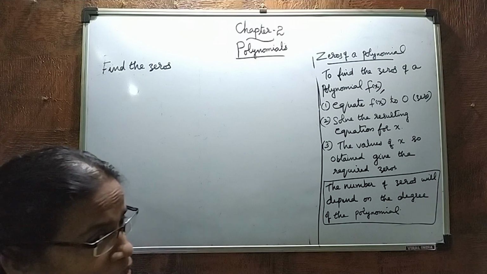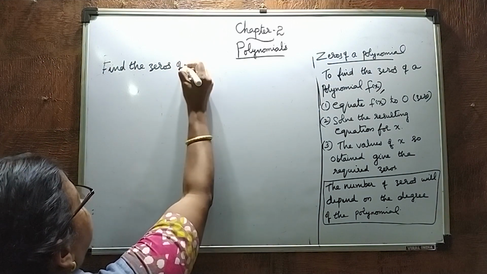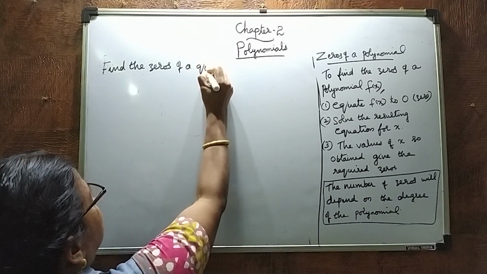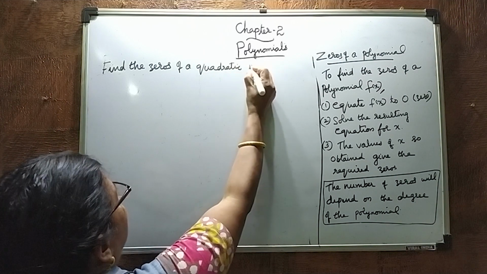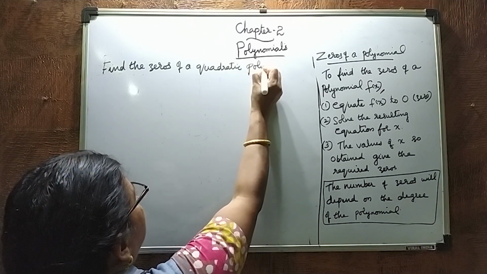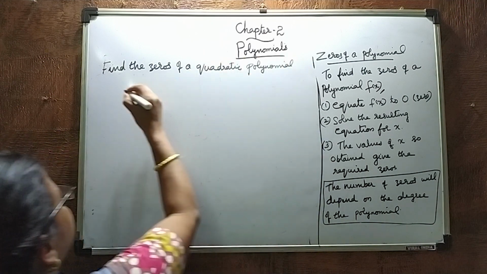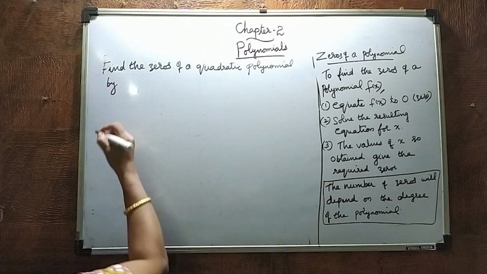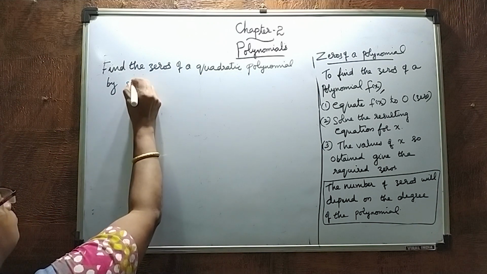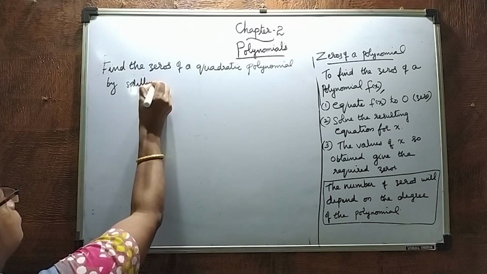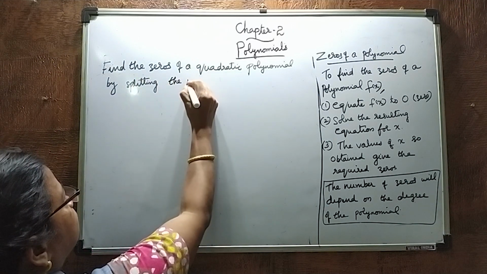Now zeros come because for the quadratic we are going to find out the zeros of a quadratic polynomial by splitting the middle term.